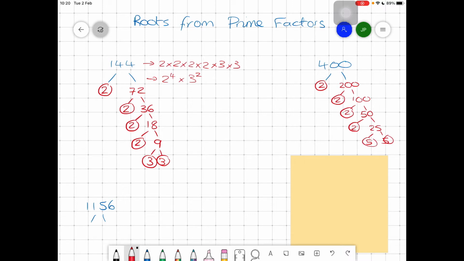So 400 will become 2 times 2 times 2 times 2 times 5 times 5. So we'll have 2 to the power of 4 times 5 squared.